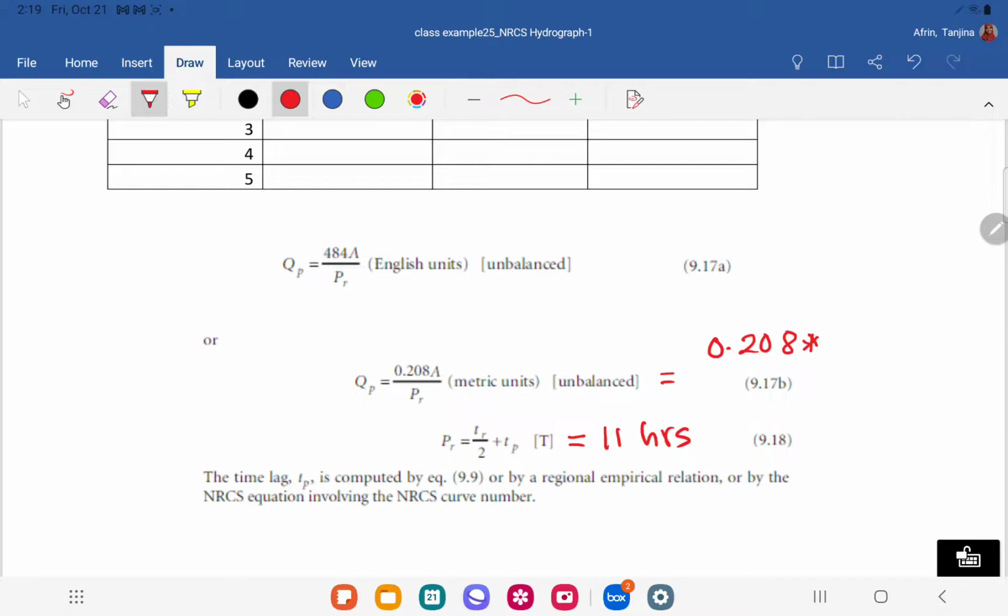28 multiplied with the area here, which is 500, and the TP is... Oh, I'm sorry, we need to find out the TP first, so let's find out that.